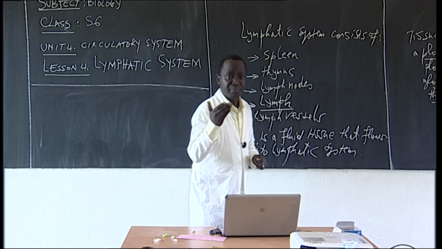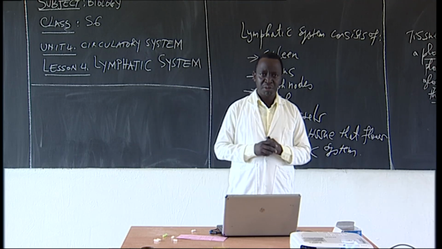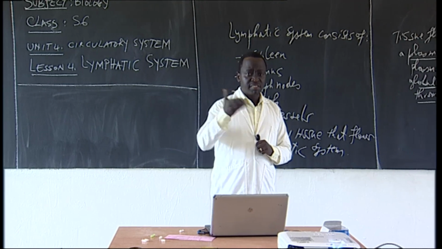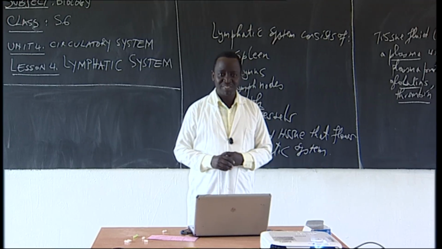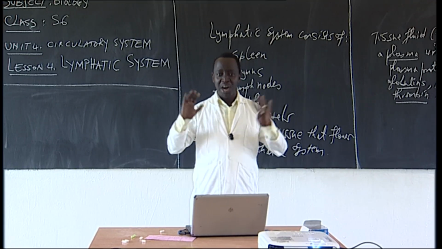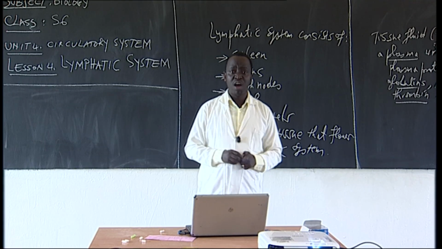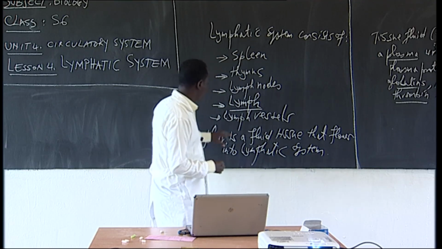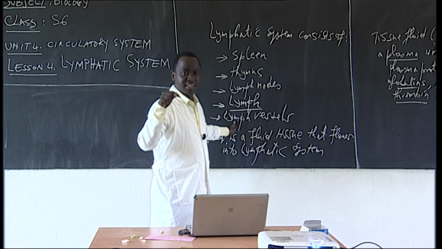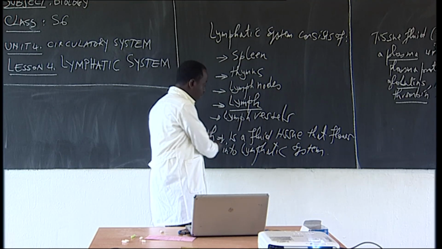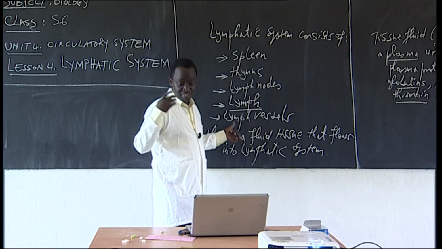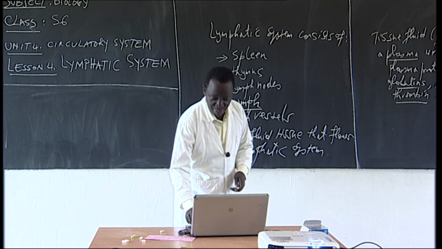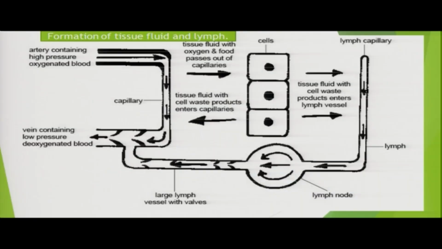That is the lymph. And then you can ask yourself, in the blood system you have blood vessels; in the lymphatic system, do you have vessels? Yes, of course. You have what you call lymph vessels, where this lymph is going to flow. Nice. Now let's see.